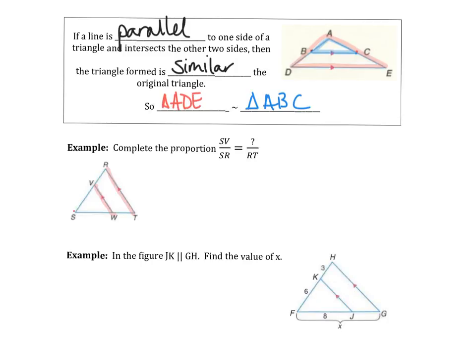So this first one says that SV is proportionate to the big triangle SR, and so the question mark, or I'm going to put an X over here, is what is similar to RT. So I've got that small side of the triangle, so this would be SV over SR is equal to VW over RT. So VW was that small side of that small triangle that was formed by those parallel lines.